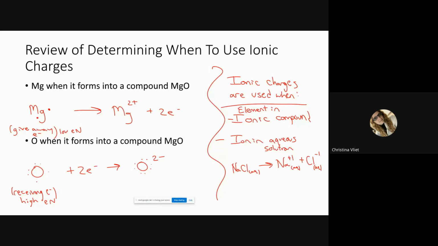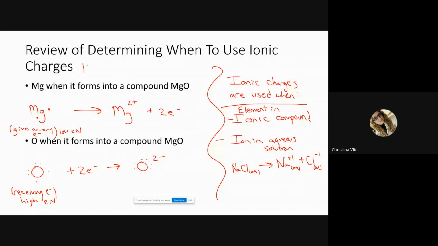But if you don't understand electronegativity, well, then you've got a lot of rules to memorize. So this is where understanding earlier in the class is going to come into play. In what type of reaction would magnesium and oxygen combine to become magnesium oxide? You remember?